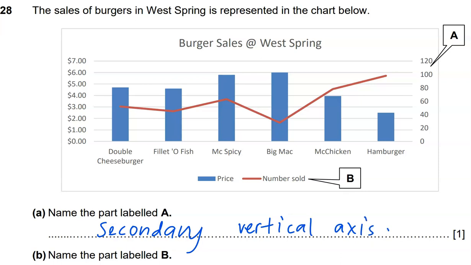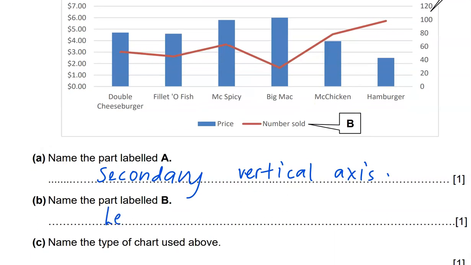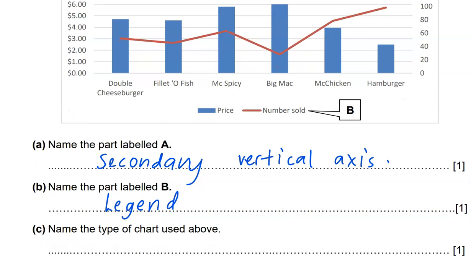Okay, name the part B, is the legend to tell you which graph represents what, and the type of graph is definitely a combination chart because there are two graphs. One is a line chart, one is a column chart.